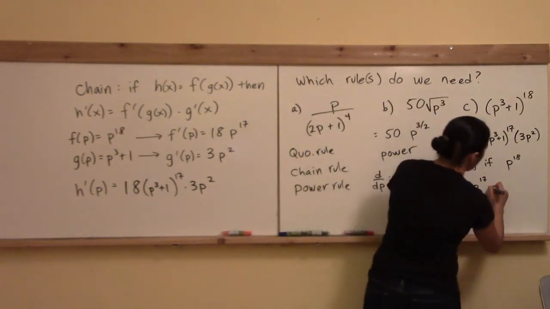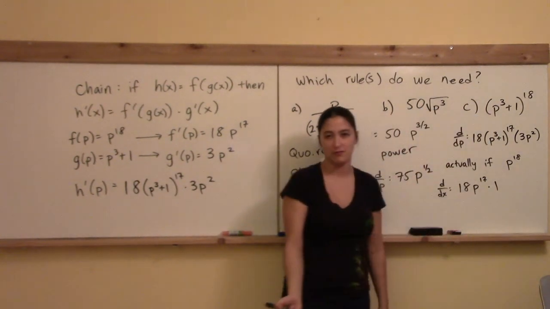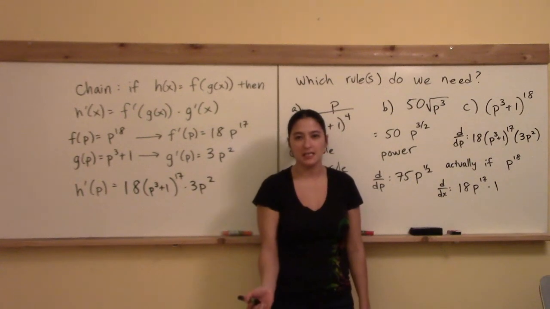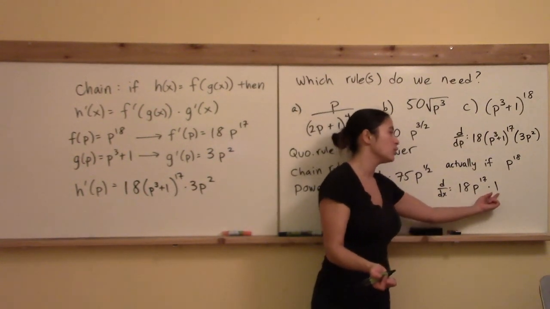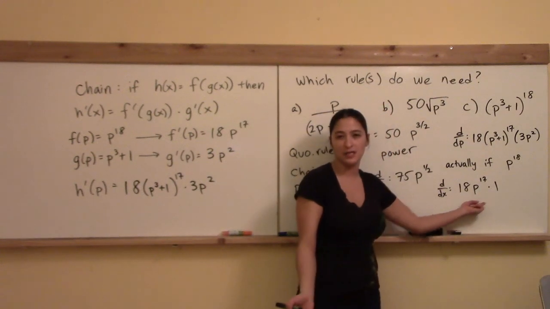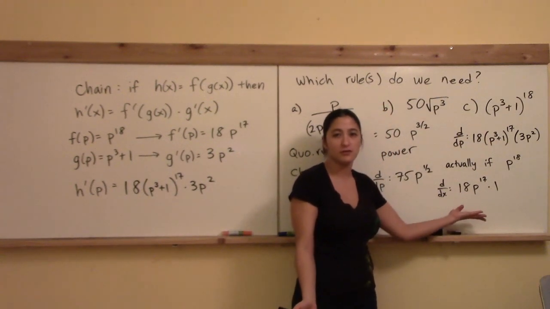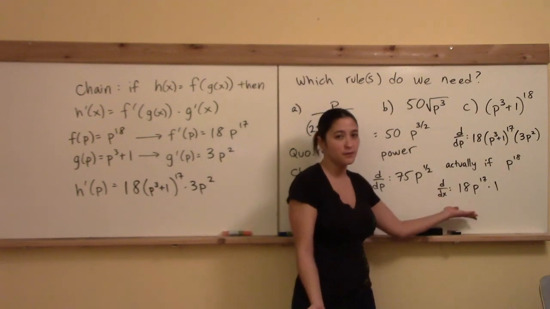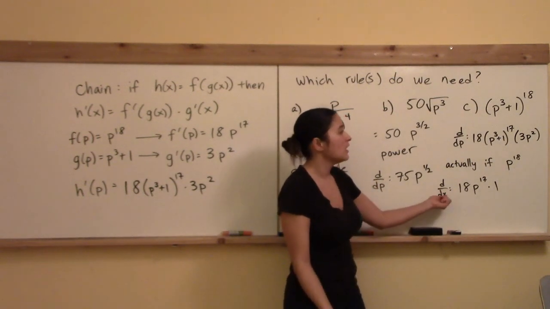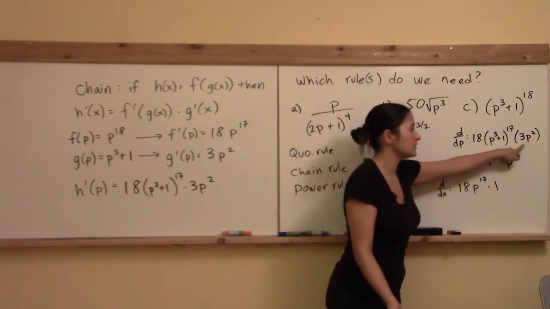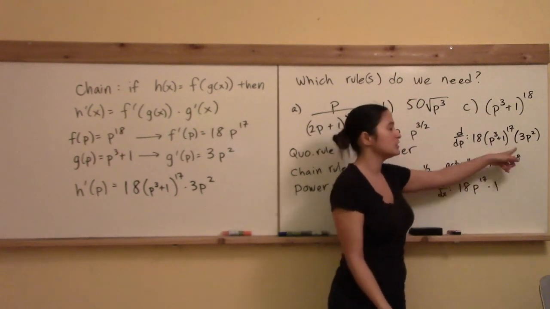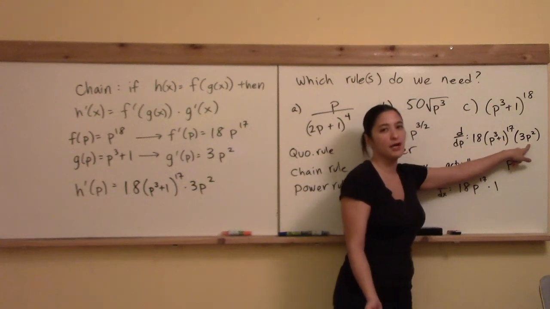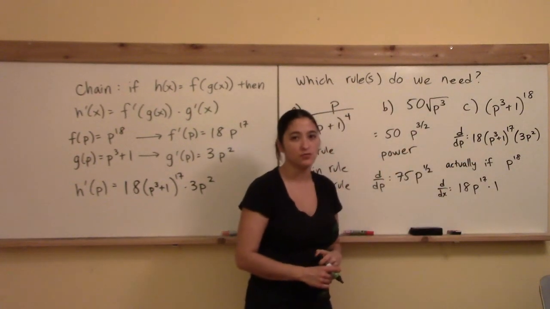So in fact, I am multiplying it by the derivative of the inside function. In this case, the inside function is just p, and the derivative of just p is 1. So really, I'm doing it even originally, before I even knew I was doing it, okay? And that'll make you realize that it's always in effect, but if it's something like this, you really can't forget that term. You don't have to write the one here, it's assumed, but you have to write the derivative of the inside function right there.